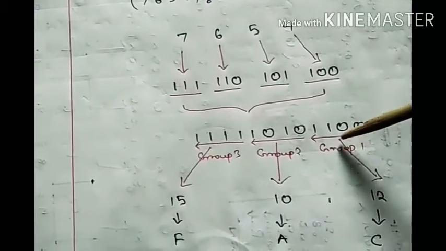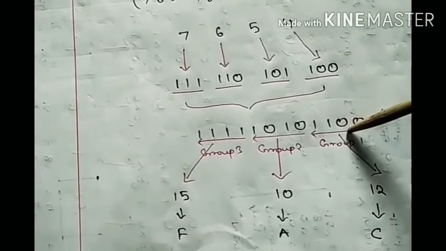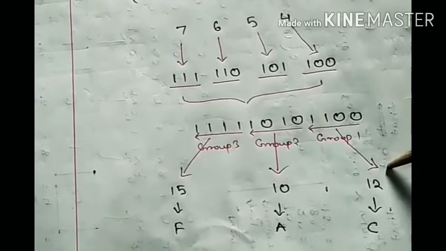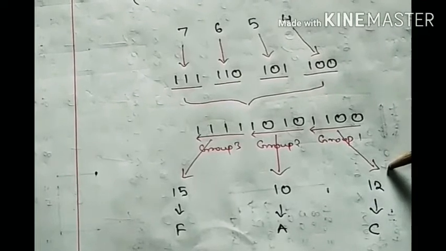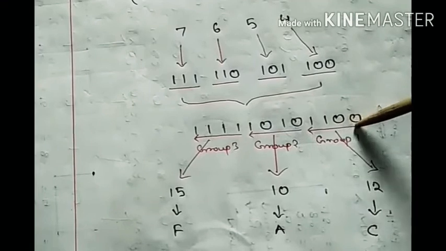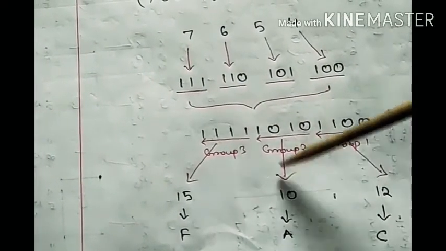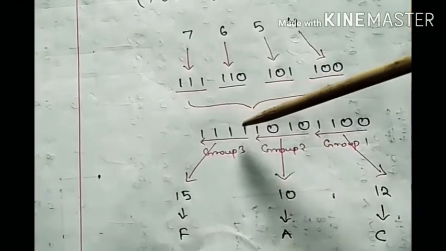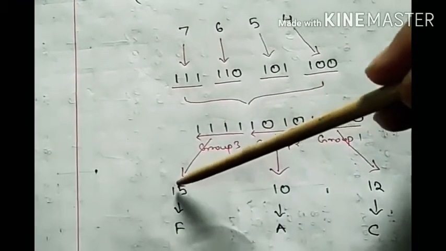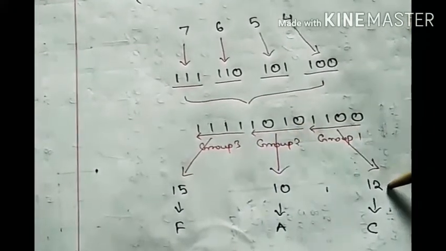Now each 4-bit group of binary digits will be converted to its equivalent decimal number by the process of binary to decimal conversion. 1100 means 12, 1010 means decimal 10, binary 1111 means decimal 15. So from these 3 groups we get 3 numbers, 15, 10 and 12.